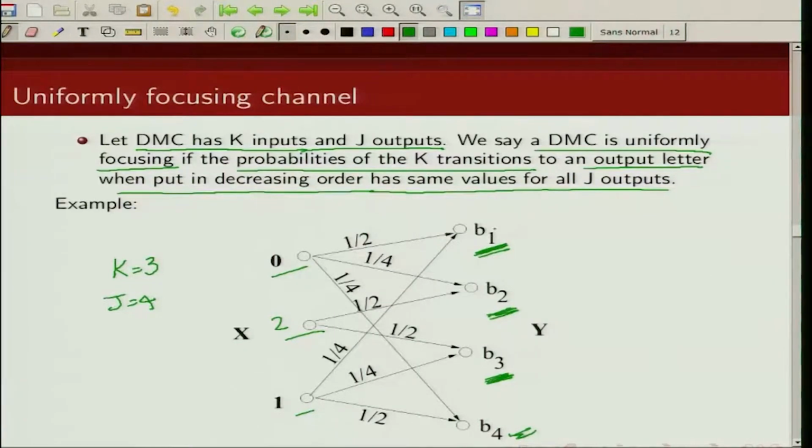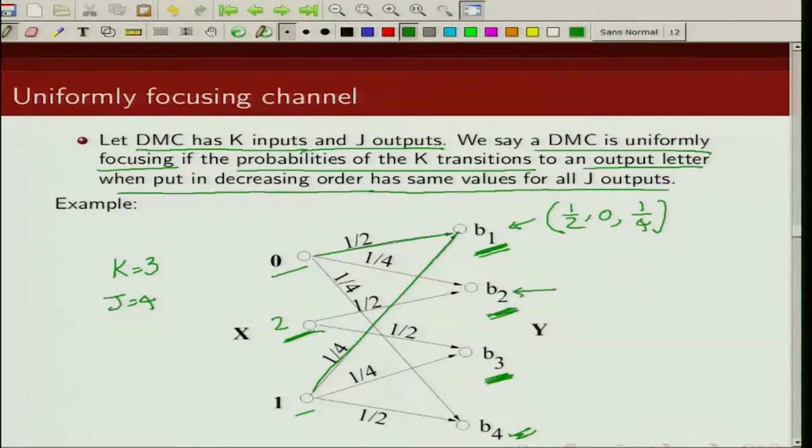Let us look at B1. The transition from here has probability half, the transition from this node is 0, and the transition from this has probability 1 by 4.